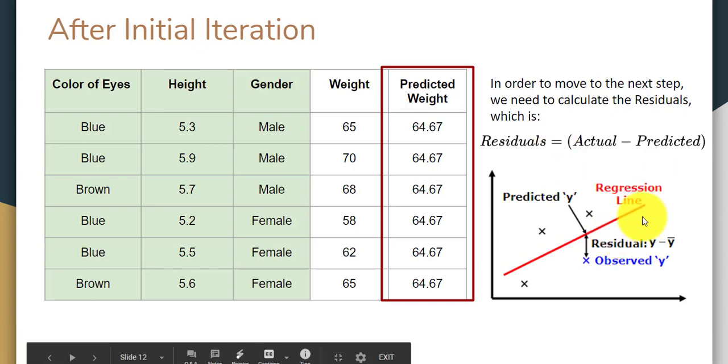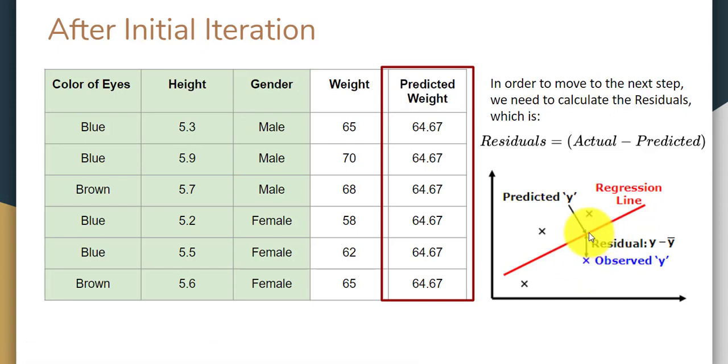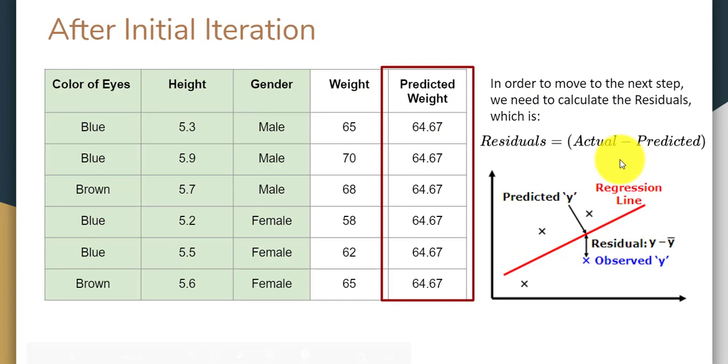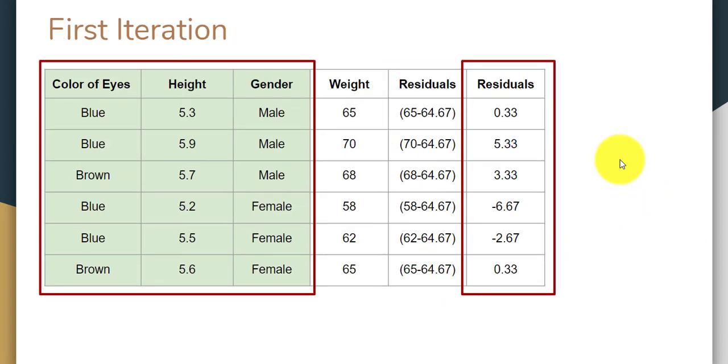For example, let's say this is my regression line. This is the predicted value on the red line, and this blue cross is the observed y, or the actual y. The difference of actual minus predicted, which is this height over here, is my residual. I can calculate residuals for all the points. For the first observation, 65 was the actual weight and 64.67 was the predicted weight, so my residual becomes 0.33. Similarly I can calculate for all.